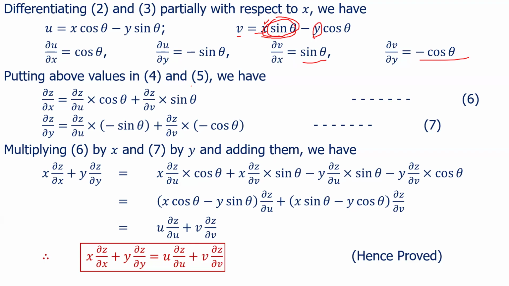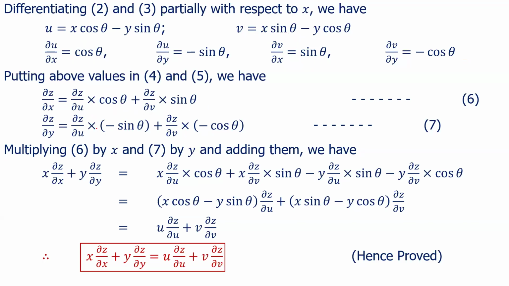Putting the above values in 4 and 5, we have del z del x equal to del z del u, and from equation 4 the value of del u del x is cos theta, plus del z del v, and the value of del v del x is sin theta.